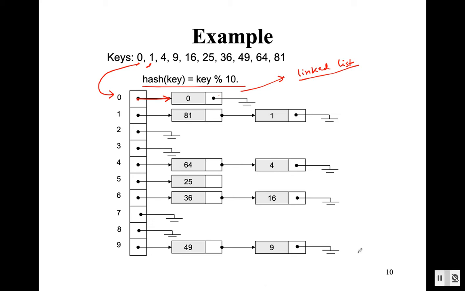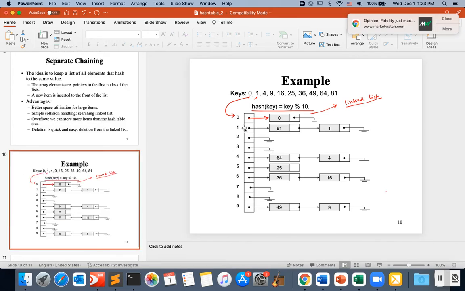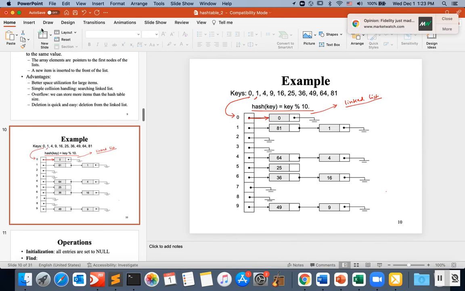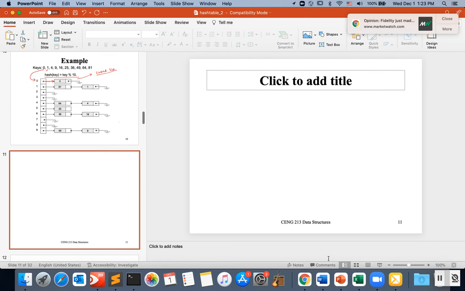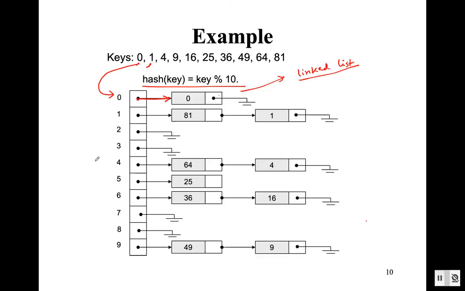All right, so let me show you how this is going to look. The values are 0, 1, 4, 9, 16, 25, 36, 49.